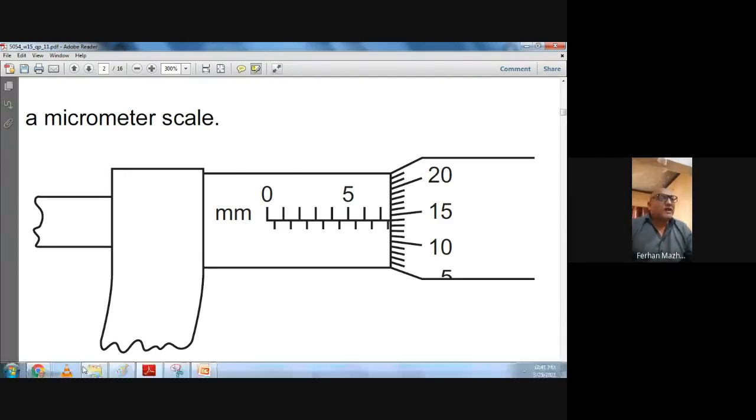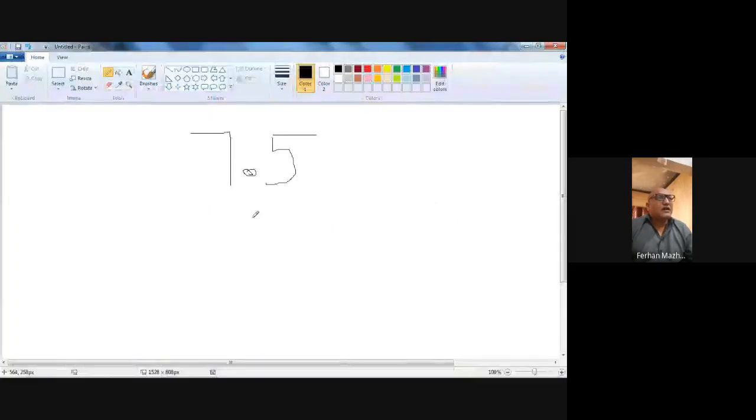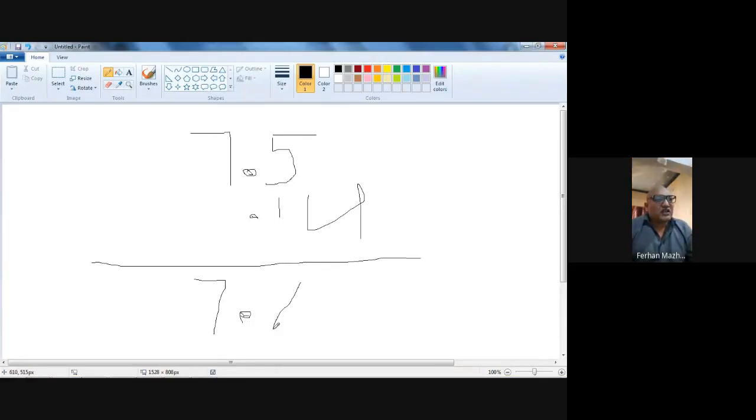So on my rough paper, I will add 0.1 and 4. So the final answer should be 7.64. So you see, the final answer will be 7.64.